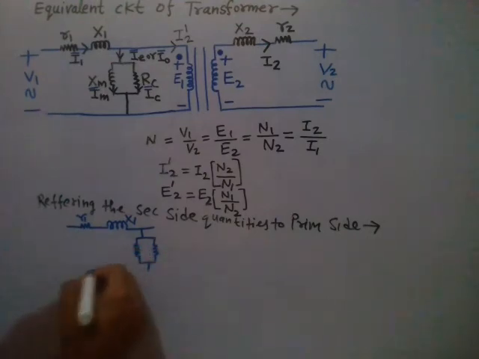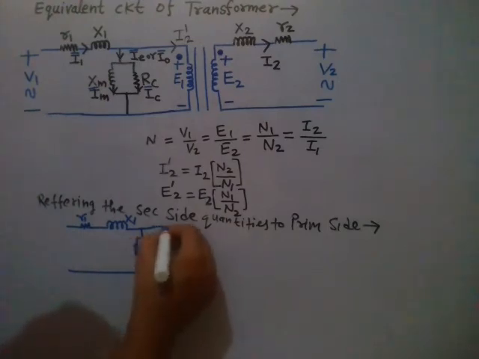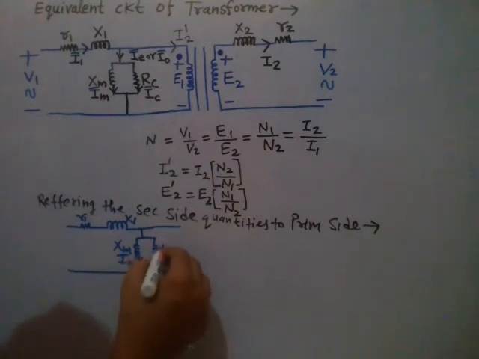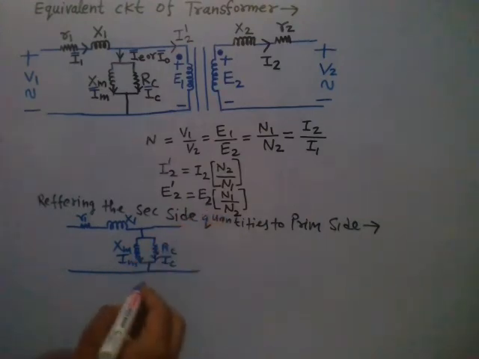This shunt branch represents the core of the iron. This is the magnetizing reactance Xm, magnetizing current Im, core loss resistance Rc, core loss current Ic, right?